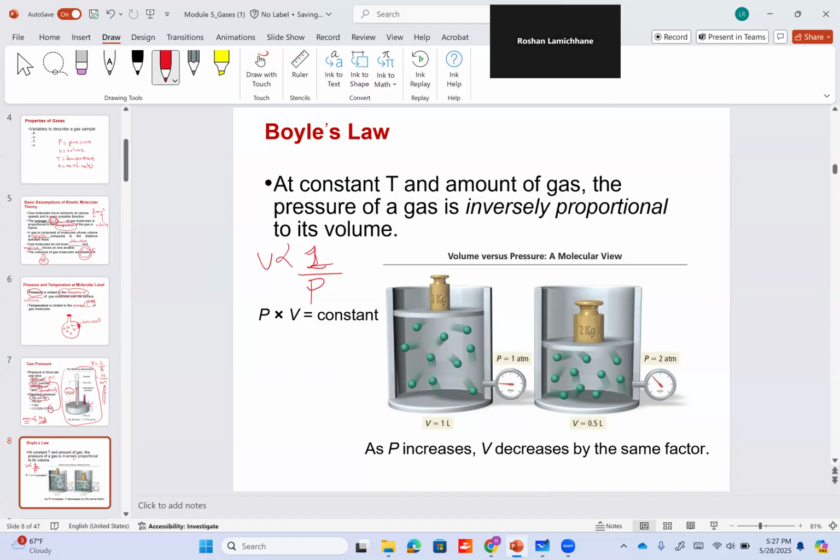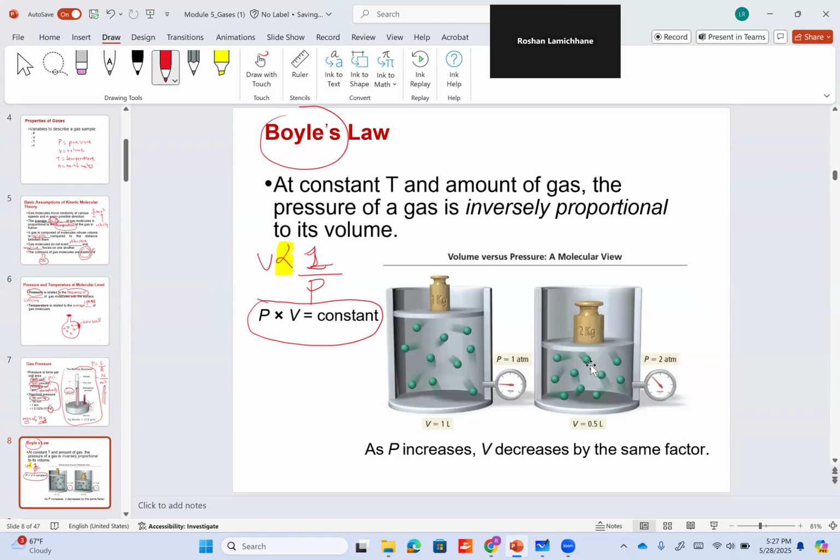Now, if I remove this proportionality constant right here, I will come up with this equation. P times V equals a constant. Pressure times volume of a gas is always constant. And that's what Boyle found out. And that's why we name this law after Boyle. All right. And this is a very good pictorial depiction of what it looks like.